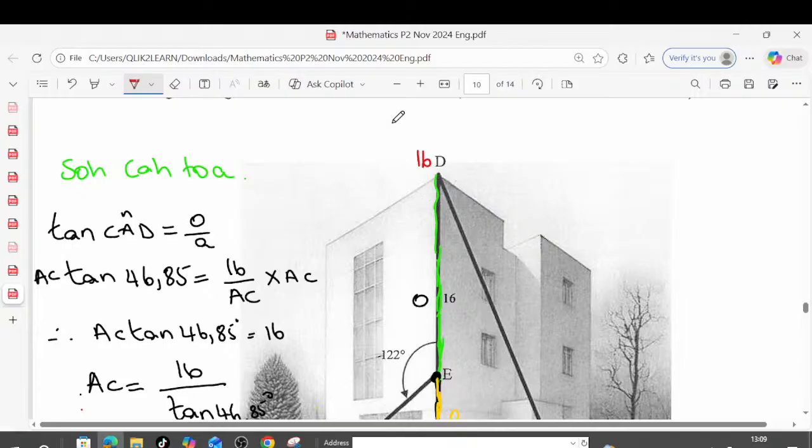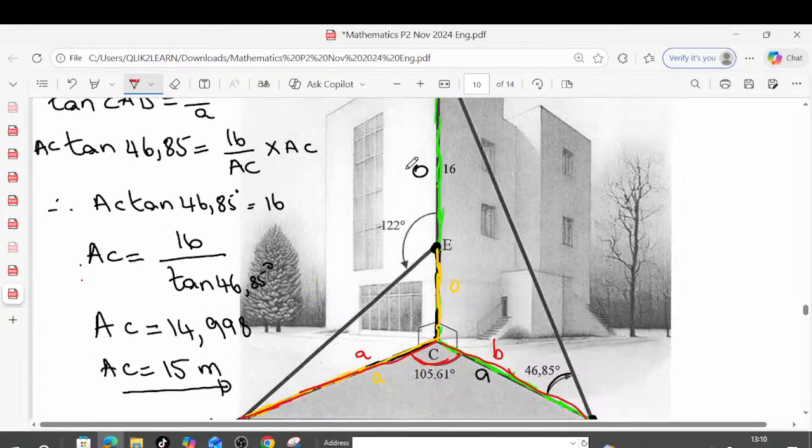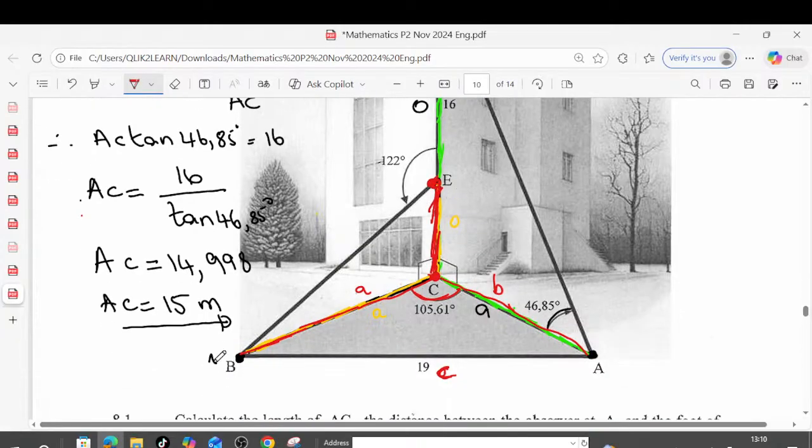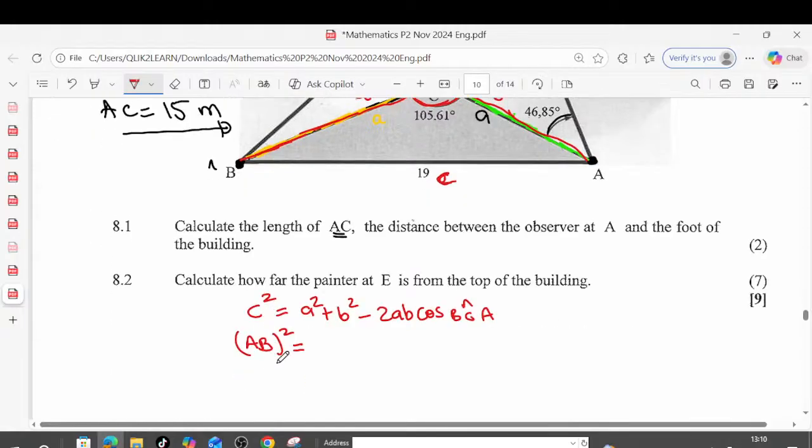So if the top of the building is 16, we can quickly find the length from C to E. This is what they are looking for, the length at point E. So that's why we're going to calculate the length of EC. But we can't do that if we don't have BC. We need to first start finding the length of BC.